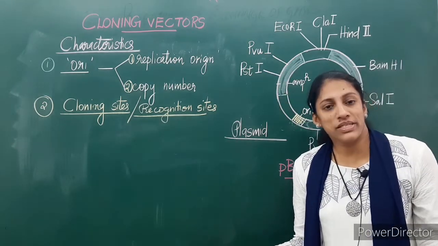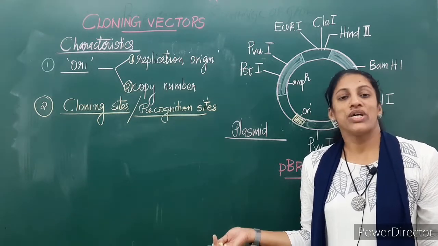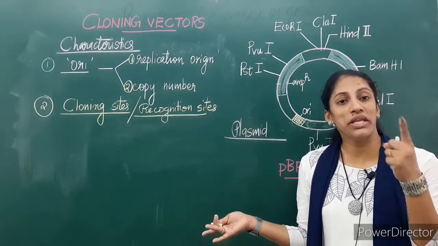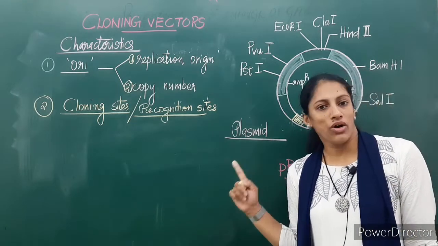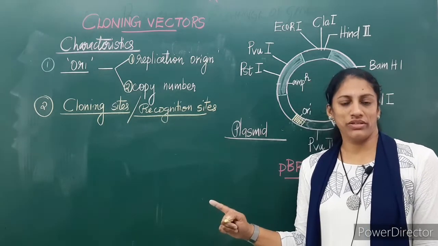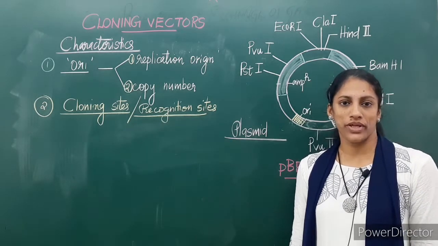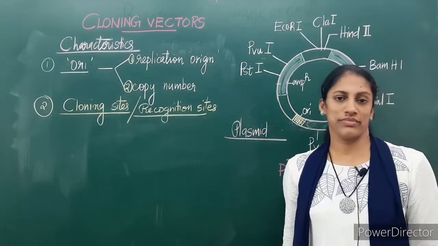So what is a must in a cloning vector? A vector plasmid should contain a cloning site, minimum one cloning site. Okay, so if there are cloning sites, we can cut at that region using that particular enzyme. Here you can see a number of cloning sites shown.